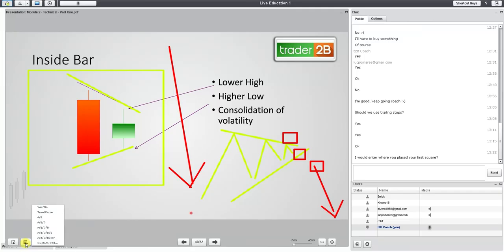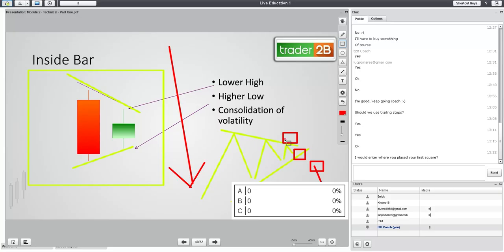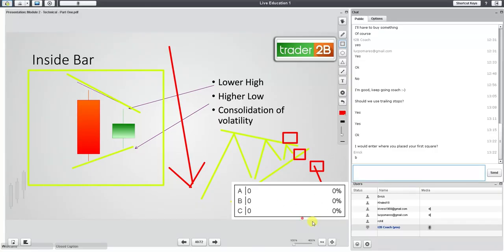Actually, there's a nice little feature here. So let's say this is A, B, C. B. Eric says B. Anybody else?